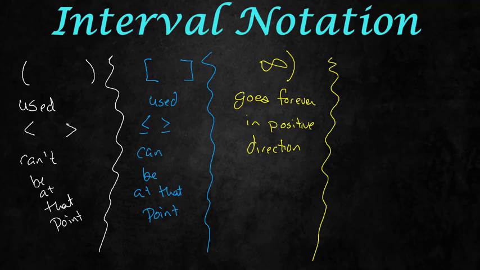And then the last one, if you have a negative infinity, so it should be a comma in front of that, it goes forever in the negative direction.